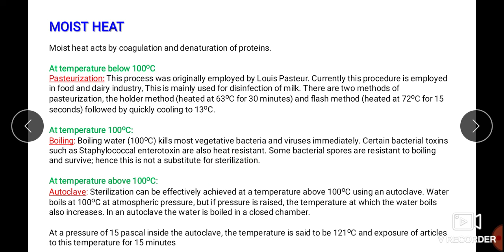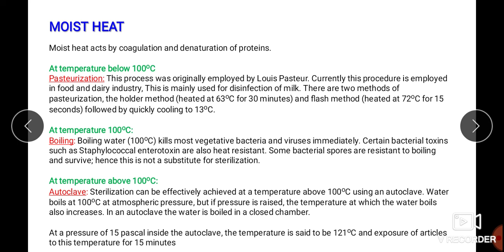At 100 degrees Celsius, we cannot be sure that all bacterial endospores get killed. For this purpose, a temperature more than 100 has to be used. So this is not a perfect sterilization, and the toxins produced by a number of bacteria are heat resistant and do not get inactivated at 100 degrees Celsius. So for this we have to use a temperature more than 100 degrees Celsius.